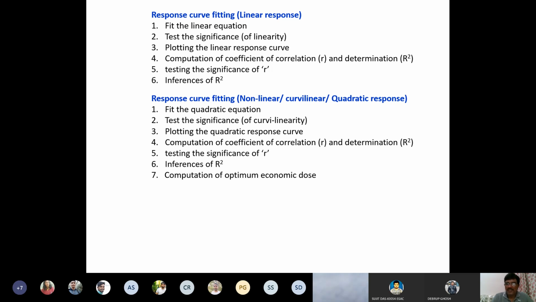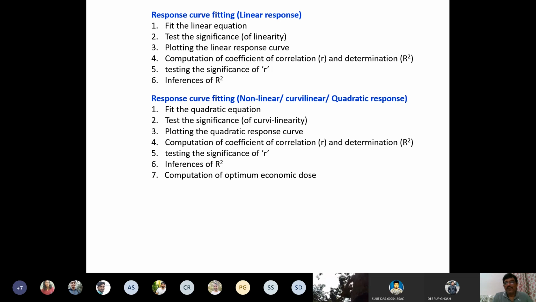It is also tested statistically, whether the correlation coefficient is significant or not. It has to qualify the test of significance. So we will see what kind of test is done to test the significance of the correlation coefficient. We will also learn in detail the inferences of the coefficient of determination, and what is the difference between correlation coefficient and coefficient of determination.